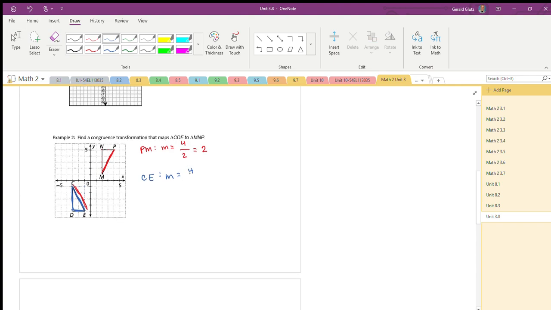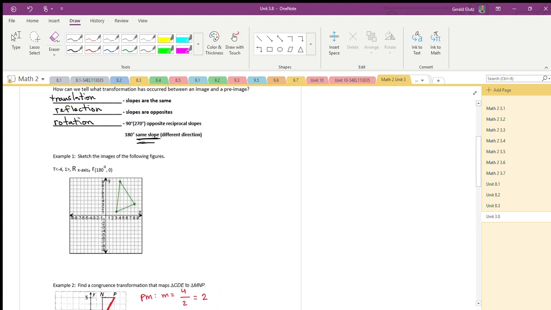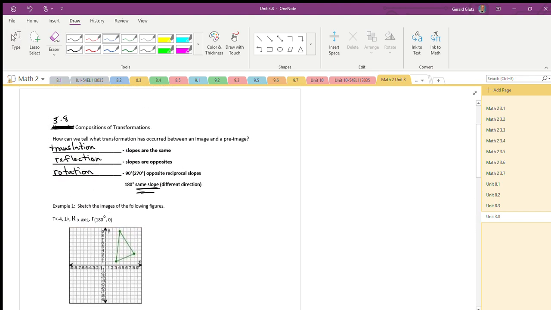So 4 divided by -2 is -2. So notice they have almost the same slope, but they have opposite signs. So these are opposite slopes, which means there was a reflection, because slopes are opposite.